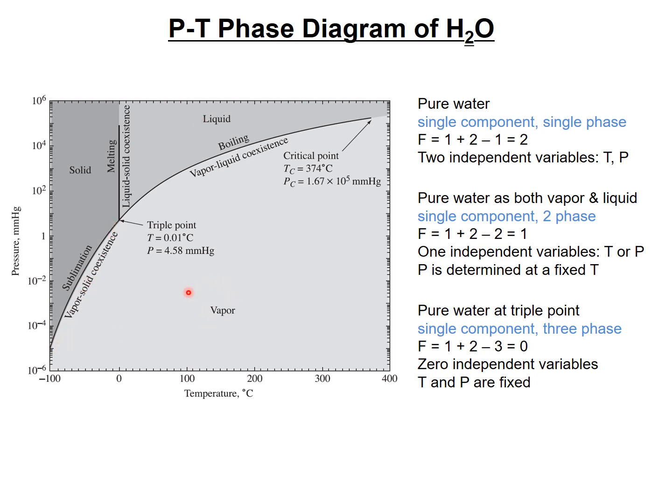This is the V and solid S coexistence line at equilibrium. The other one is, of course, the LS coexistence line at equilibrium. So this line is about boiling or condensation. This line is relevant to sublimation. And this line is about melting or freezing.